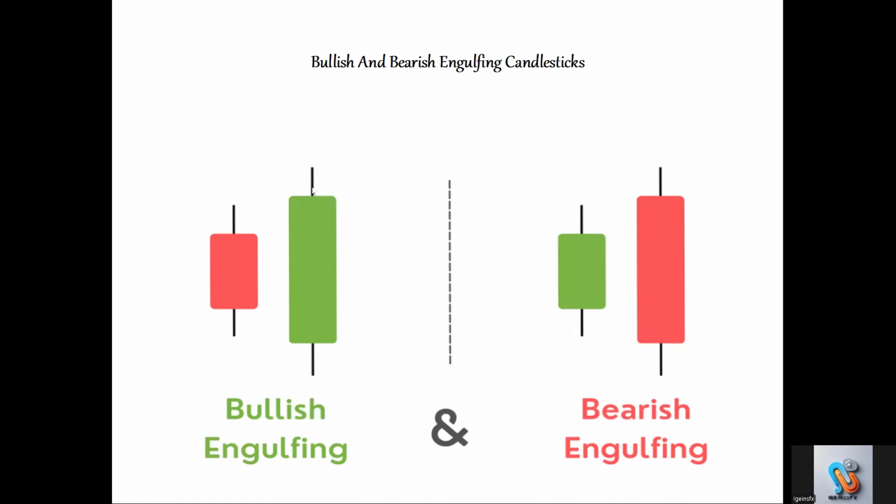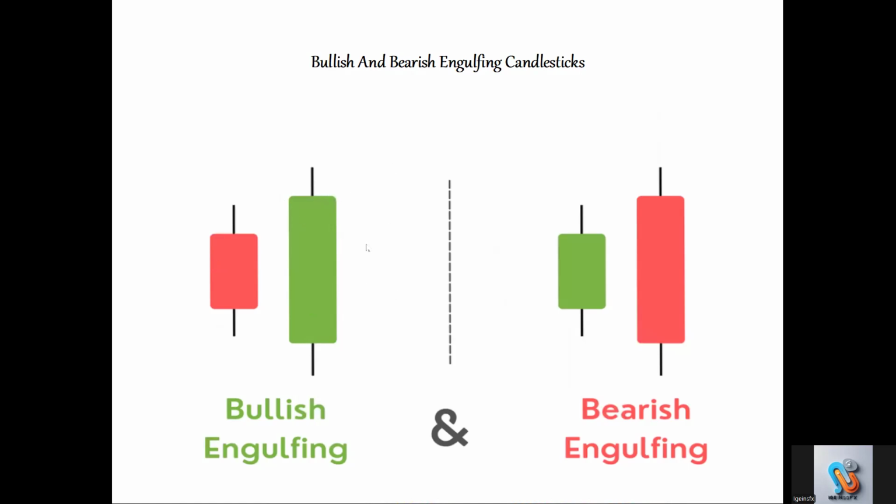As it was pushing to the upside, it got to this point, sellers still entered and tried to push the price to the downside. But at the end of the day, it closed above and engulfed the bearish candle. Then the next candle appeared and started pushing up.